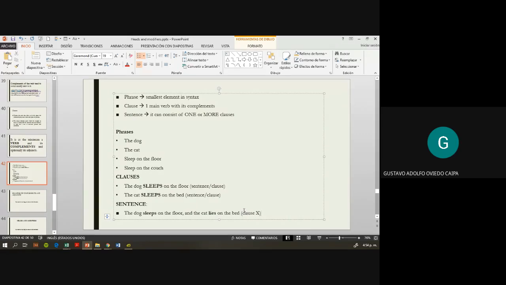This cannot be considered a clause. This is only one sentence that is made out of more than one clause. In this case, two clauses. And this can be simple sentences or one single clause.